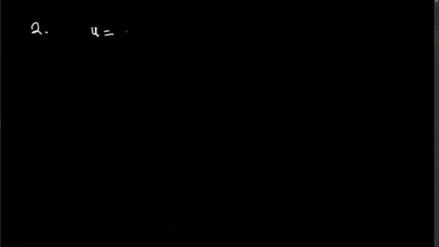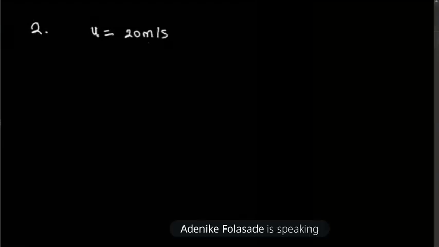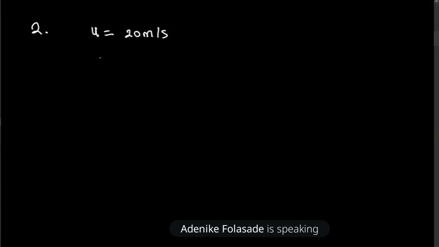Initial velocity of what? Of 20 meters per second. So write that first. That means our U is 20 meters per second. Yeah, continue reading. Decelerates uniformly at 4 meters per second square.